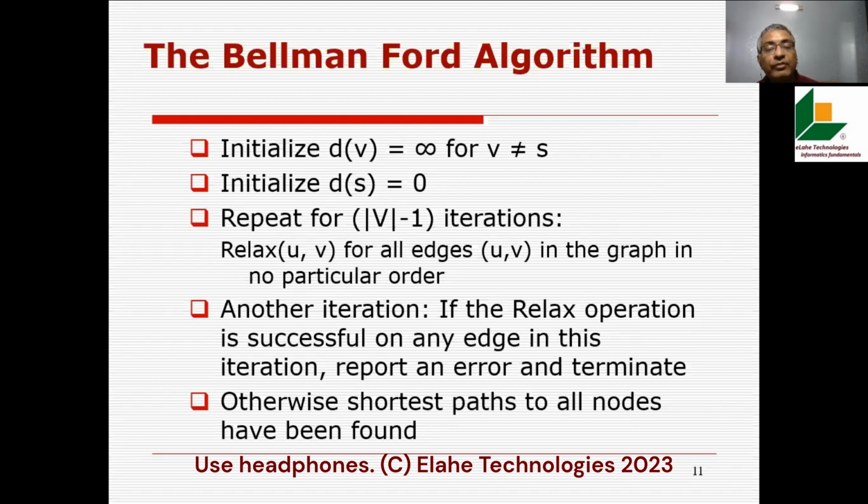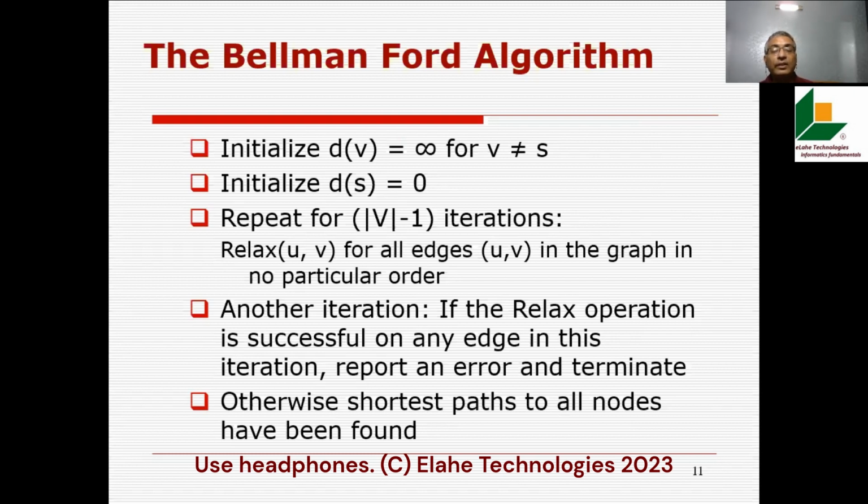And should the vth iteration also produce newer d values which are lower than the previously computed d values, it basically means that there is a negative weight cycle in the graph, and therefore you really cannot compute the shortest path costs with absolute correctness. So the algorithm simply reports an error and terminates.